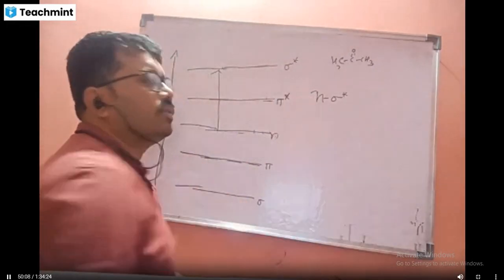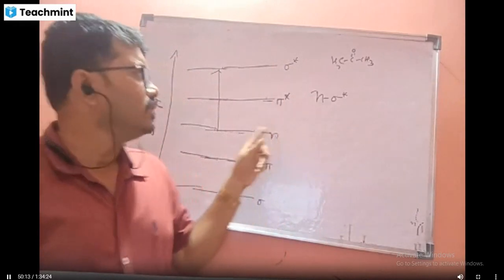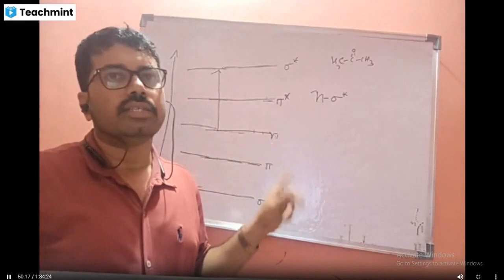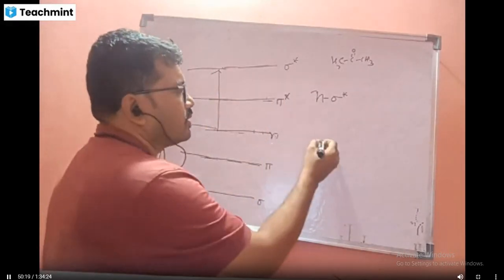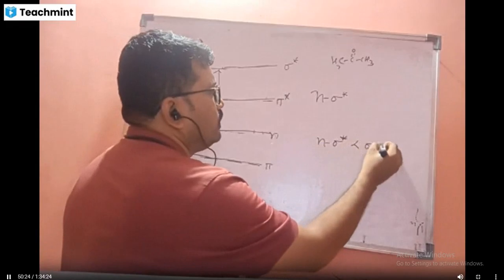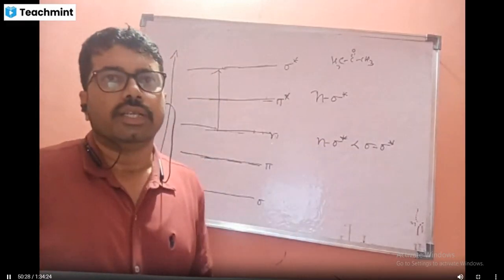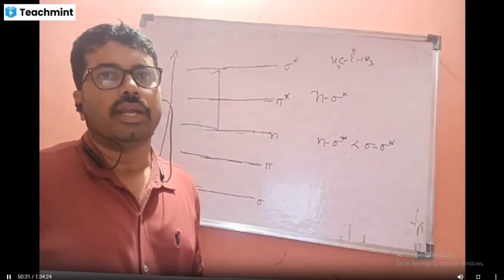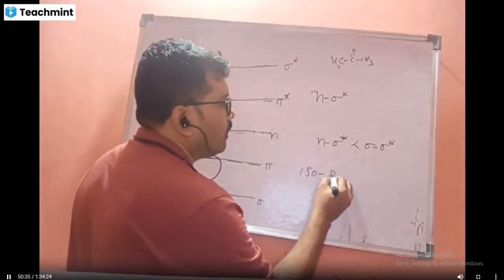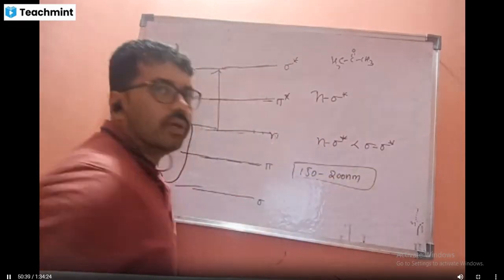See, this n to sigma star transition. These transitions usually need less energy. Compared to sigma to sigma star, it needs less energy. They can be initiated by light whose wavelength is in the range 150 to 200 nanometer.